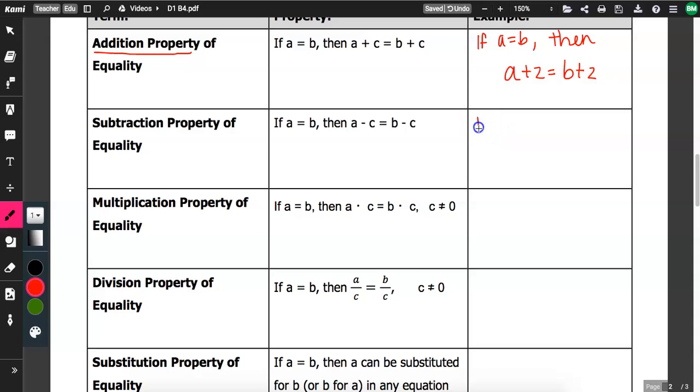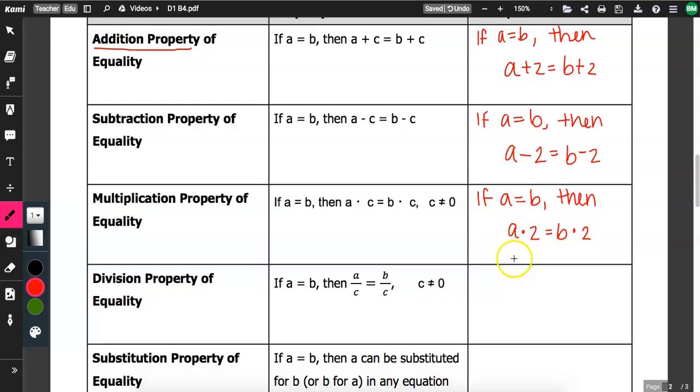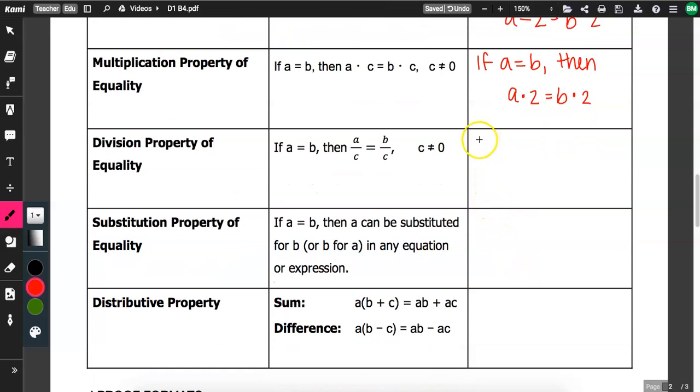Subtraction property. If A equals B, then A minus 2 equals B minus 2. That's what allows us to subtract a variable from both sides to move it over, something like that. Multiplication, if A equals B, then A times 2 equals B times 2. Division property, if A equals B, then A divided by 2 equals B divided by 2.